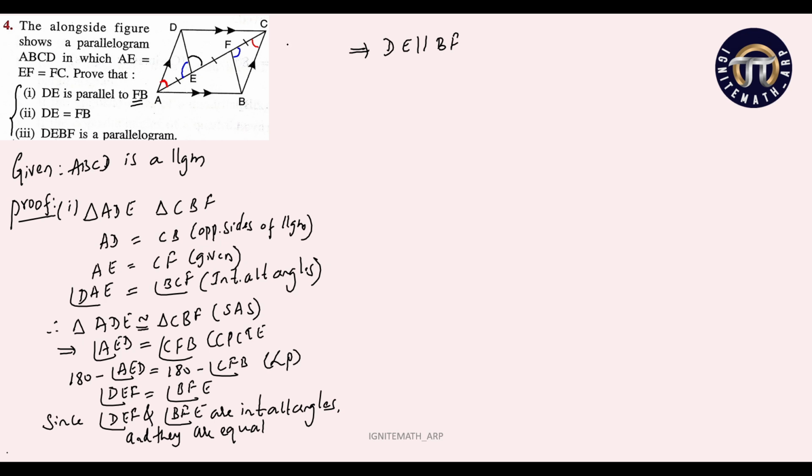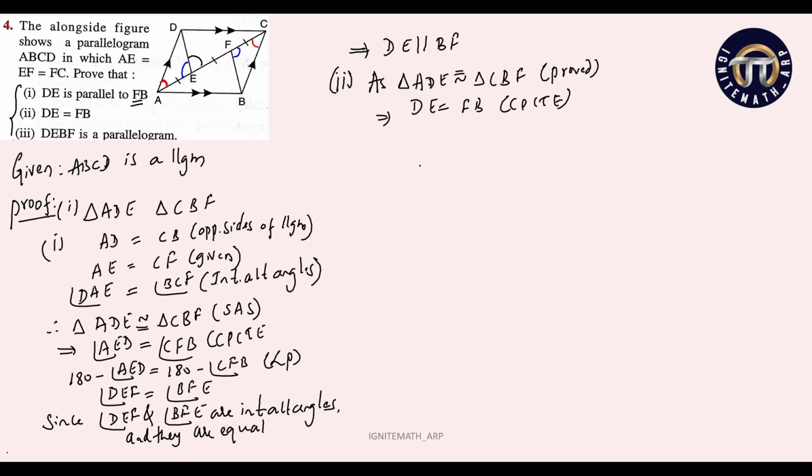Here itself we can say this is our first proof. Now the second proof: as triangle ADE is congruent to CBF, which we have already proved in the first part, that implies DE is equal to FB. This is by CPCTC. Clear?